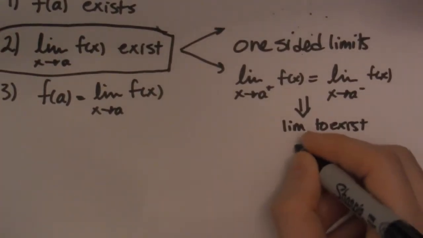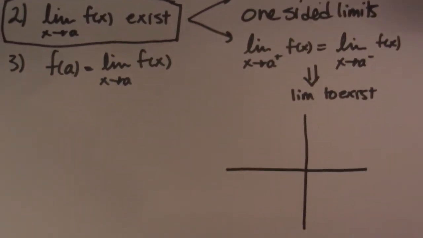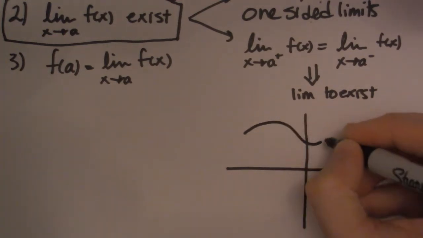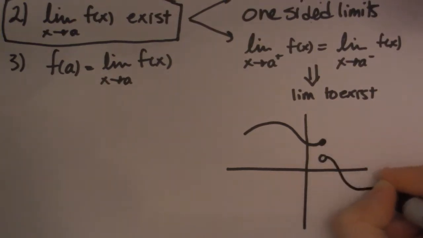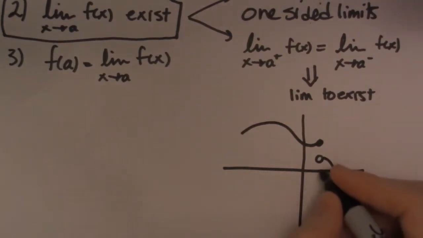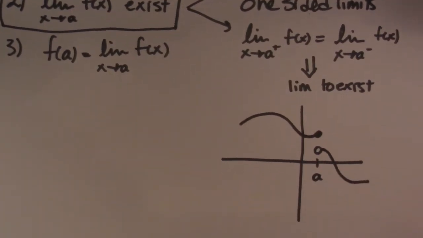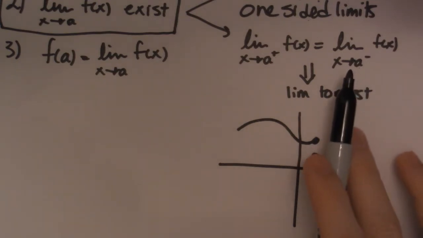If you have a graph, let me just draw a little graph with a couple of different parts to it. It might look something like this, and this is the point right here, a. I always tell my students that the one-sided limit rule is like a bridge.